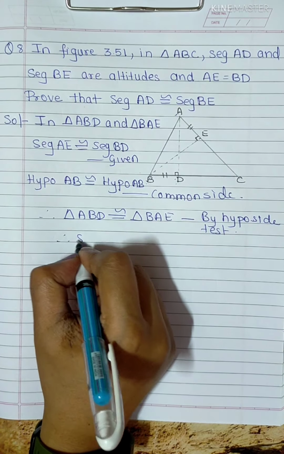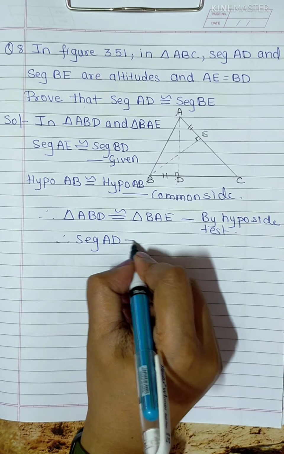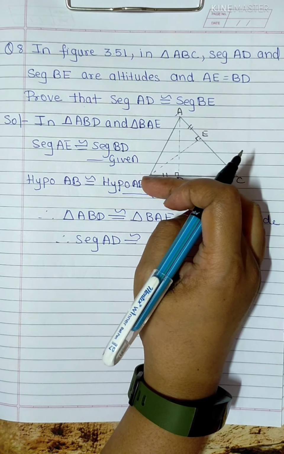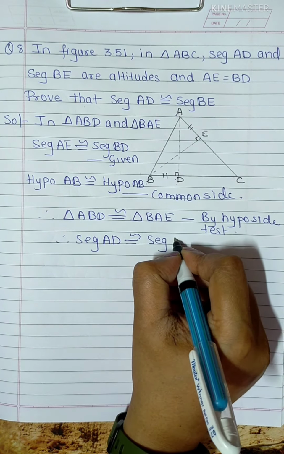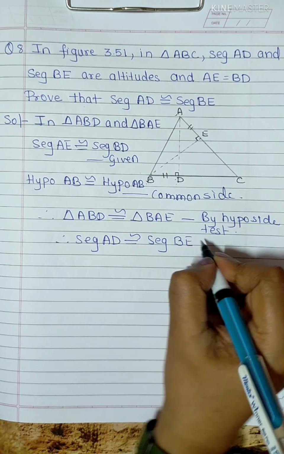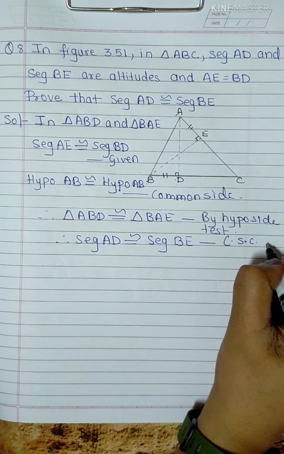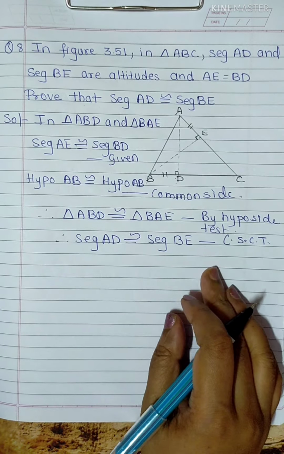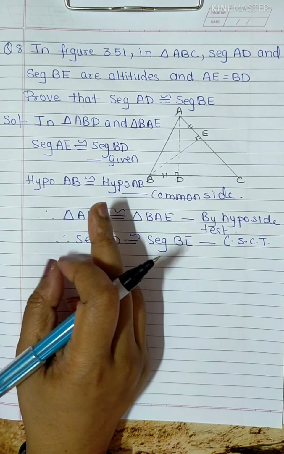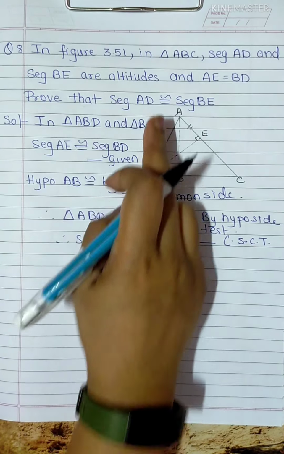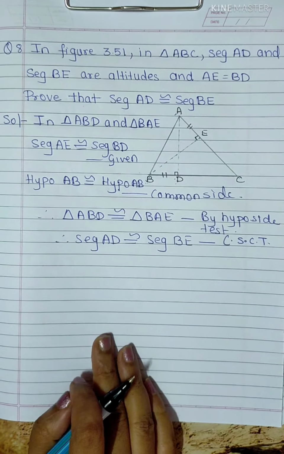Now we can write segment AD is congruent to segment BE. Reason is corresponding sides of congruent triangles. Now we have proved that segment AD is congruent to segment BE with the help of the given example.